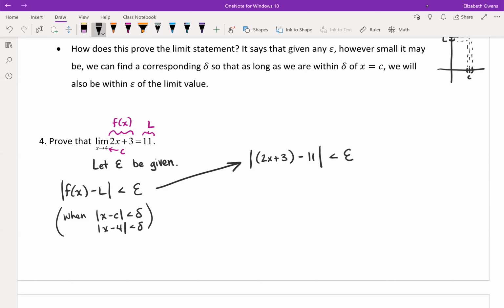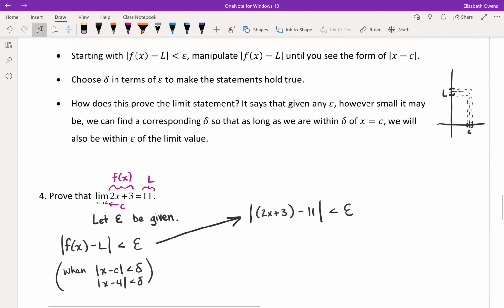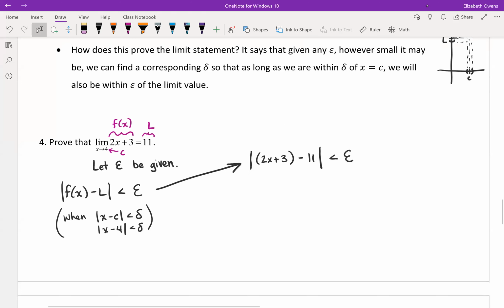So what we're going to do here is start manipulating this f of x minus L statement. We're going to manipulate that until we start seeing something that looks like x minus c show up. If we combine some like terms here, we're going to have 2x minus 8 inside that absolute value, which can be factored: 2 times x minus 4.